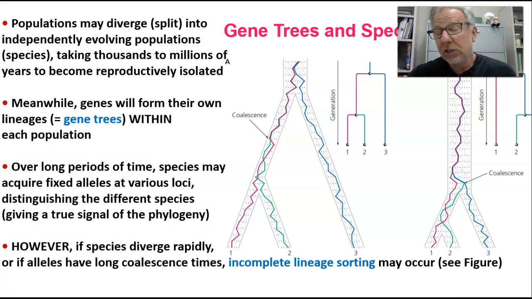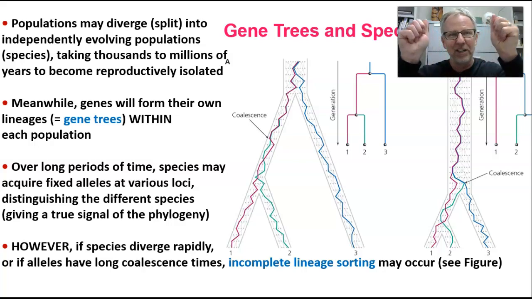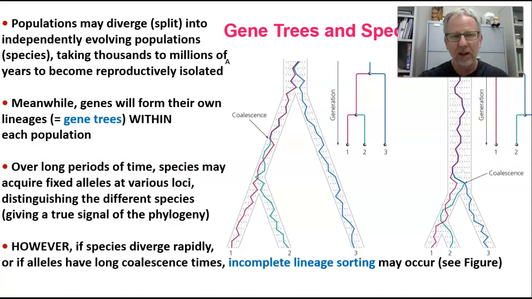So, as you know already, populations can diverge or split into independently evolving populations, which, using a lineage concept of species, those would be new species having independently evolving lineages. And that can take thousands to millions of years. It's variable. The rate of speciation is all over the place in nature.